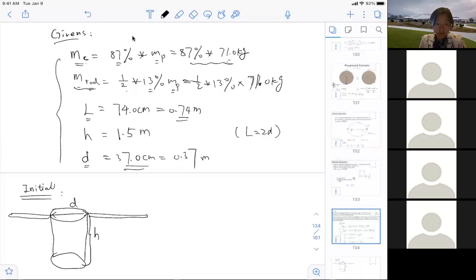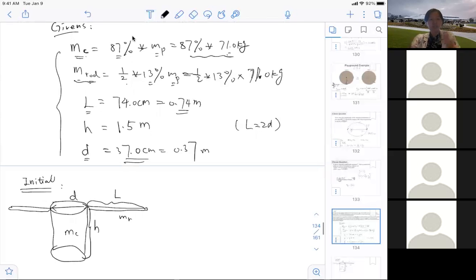Sorry, they should be the same length. The rod has total length L, and I know the mass of the cylinder and the mass of the rod. So originally, I have such a distribution. You can see what is really different from initial to final is that your rotational inertia has changed.